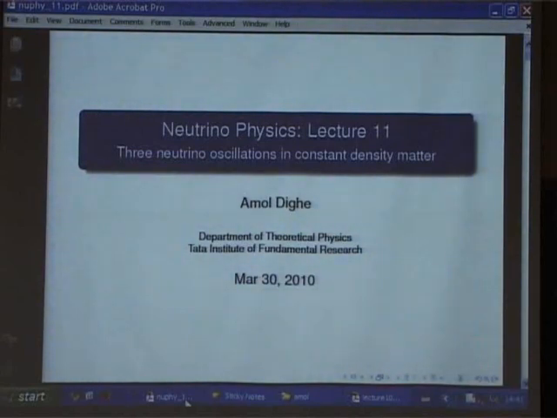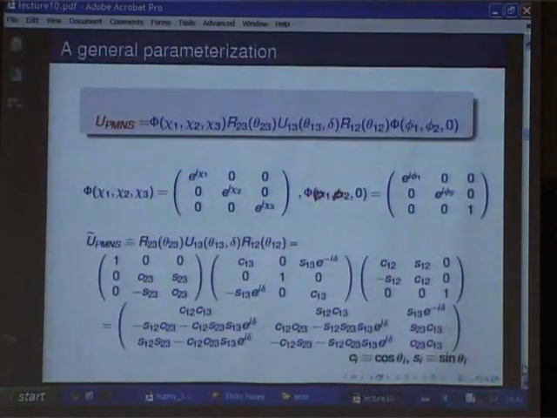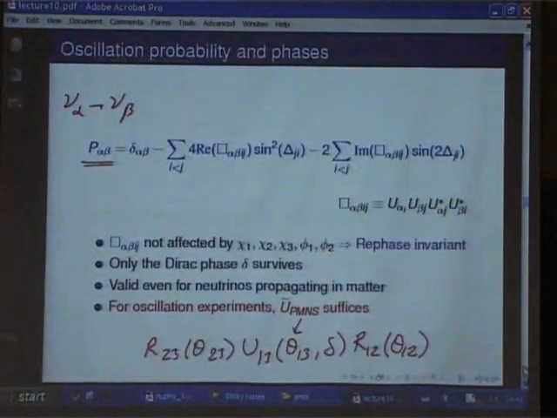So we saw that we can always write the probability of conversion in a simple form. If you are given the mixing matrix, UPMNS, all the elements, then you can calculate these quantities, these brackets, alpha, beta, gamma.